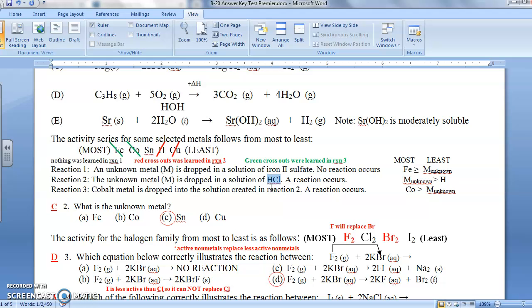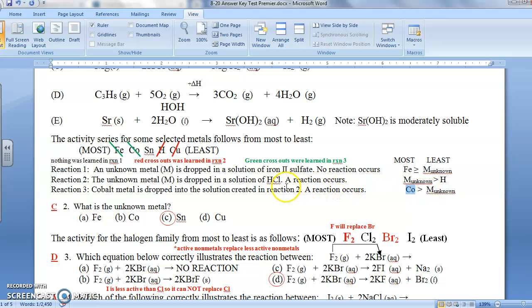Whoops, I said that wrong. The unknown metal ions are now floating around in solution because the unknown metal replaces the hydrogen ion. So now they dropped a piece of cobalt metal in a solution containing the unknown metal. A reaction occurs. That means cobalt is replacing our unknown metal.